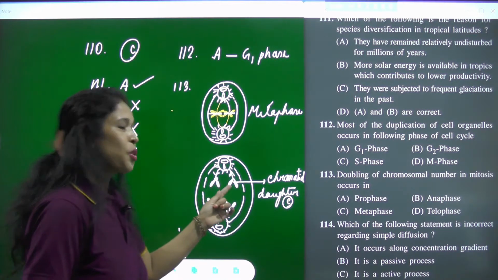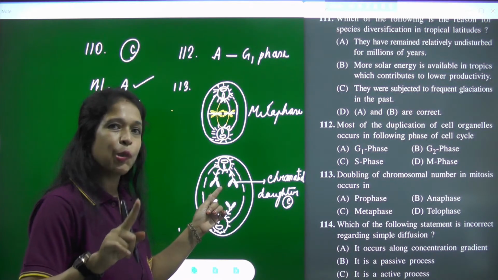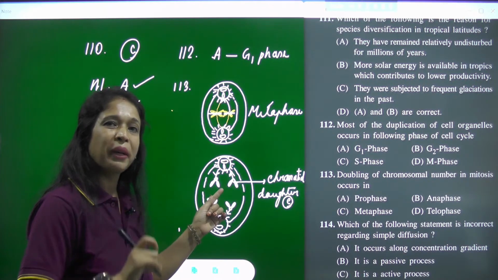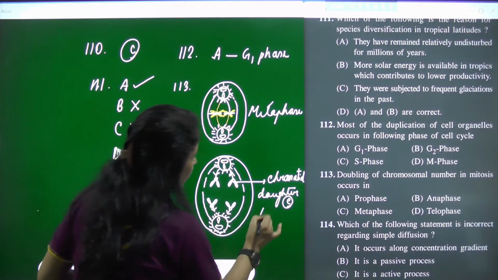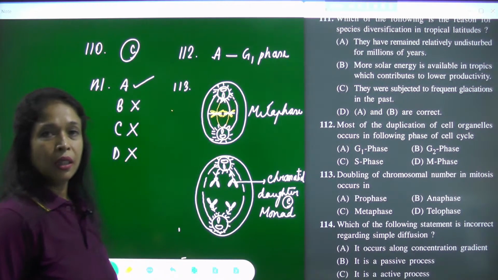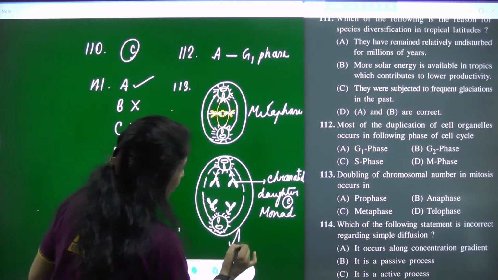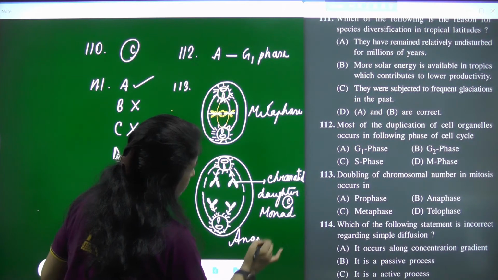Each daughter chromosome possesses only one double-stranded DNA, one chromatin fiber. This we call a monad. These are the events during anaphase of mitosis.